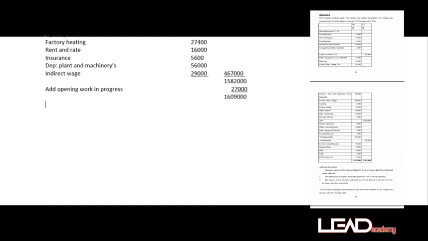Then you less your closing work in progress, which is 30,000. When you less 30,000, you're going to have 1,579,000. That is your cost of production.